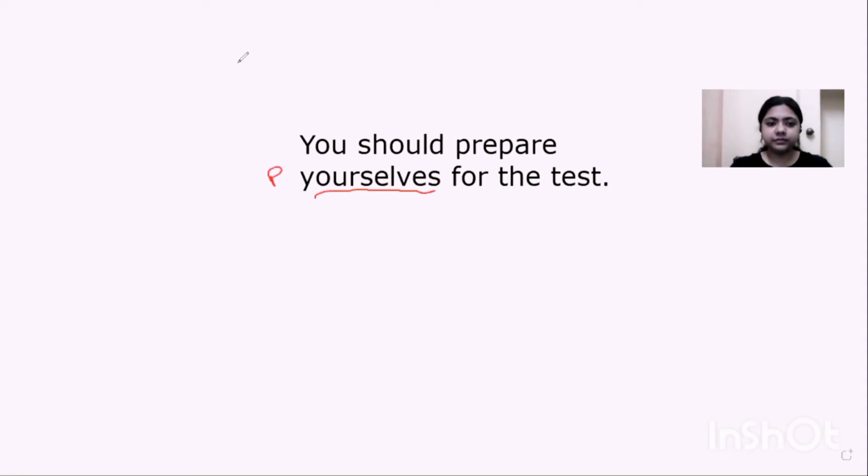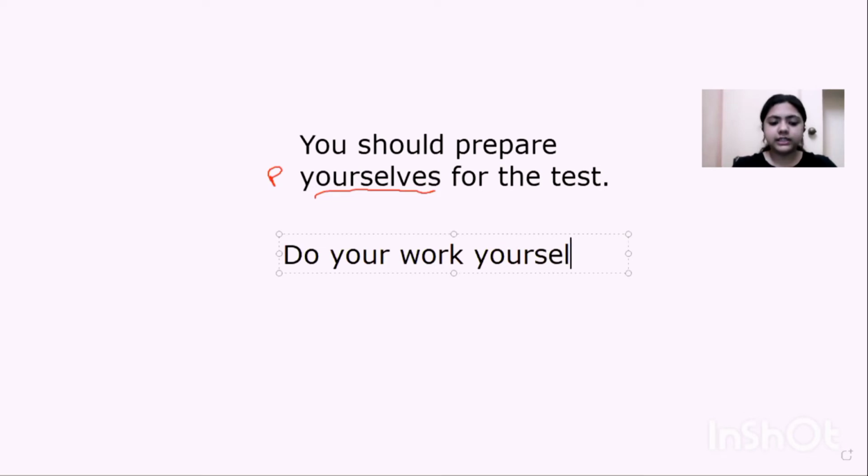But suppose I am talking to one singular person, suppose anybody like Angel, so I have to say that she has to do her work herself. So how will I say? Do your work yourself. Okay? Here it is now acting as a singular number, right?